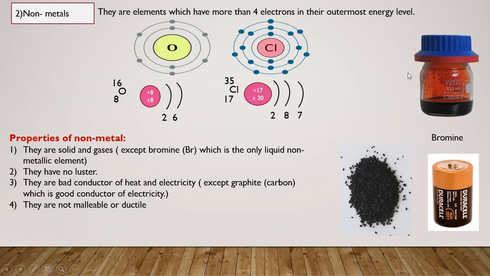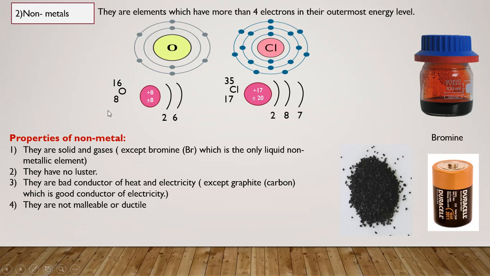The second type of elements is the non-metals, and they are the elements which have more than 4 electrons in their outermost energy level. So the metals contain less than 4 electrons in their outermost energy level. The non-metal contains more than 4 electrons in their outermost energy level. For example, here I have oxygen.